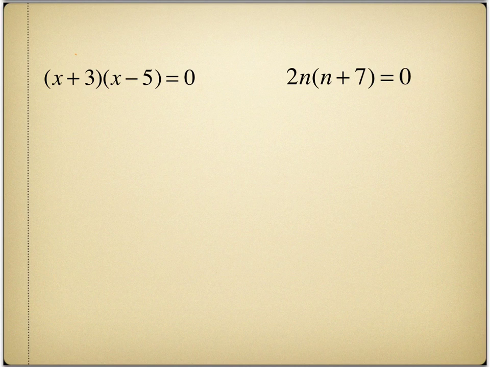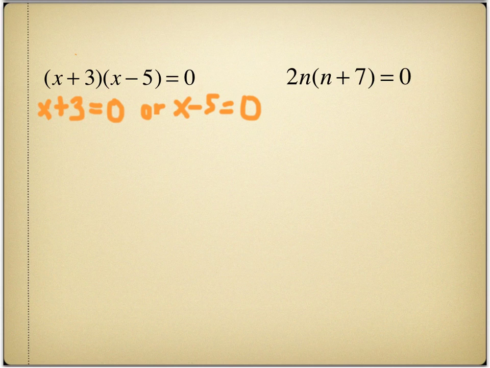Just from this zero product property, for sure this means that either x plus 3 has to equal 0, or x minus 5 has to equal 0. That zero property tells us that.